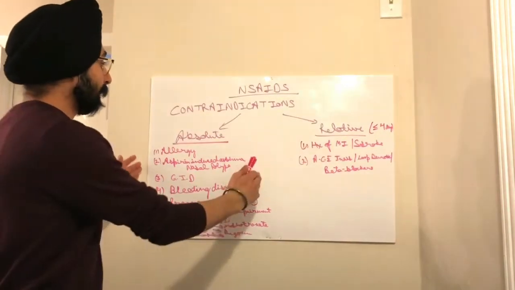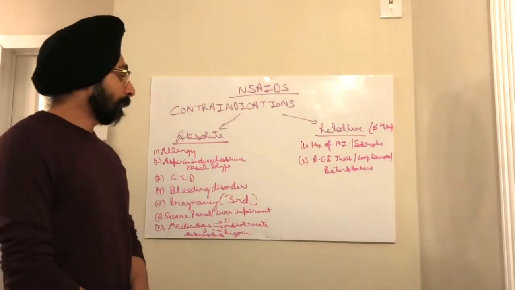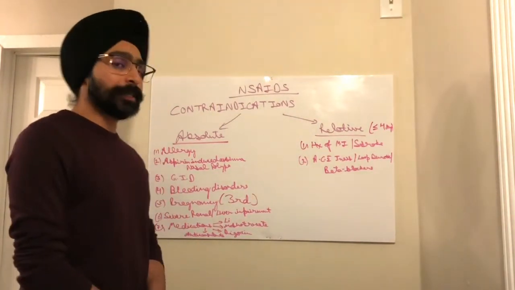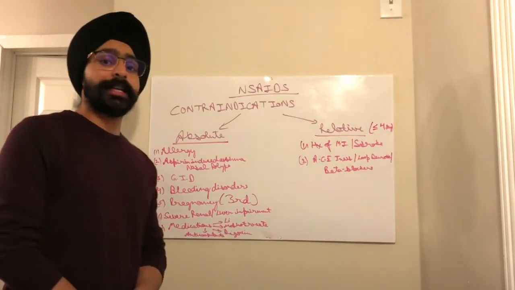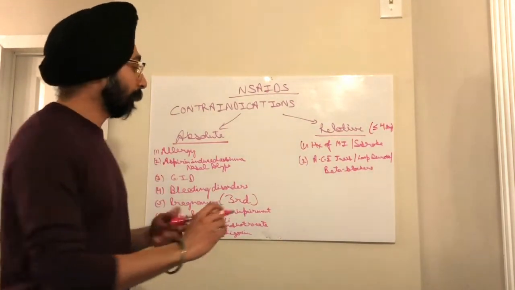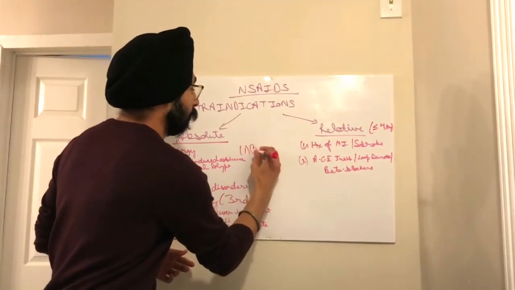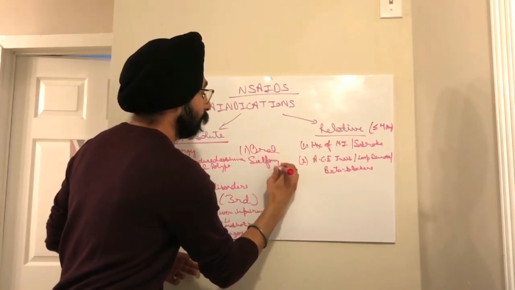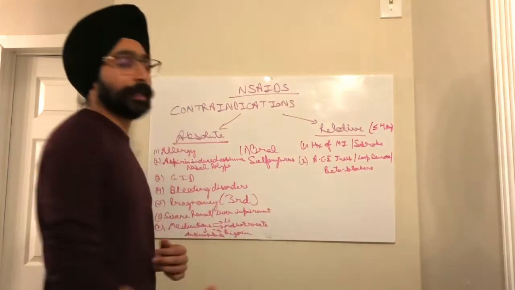In addition to these absolute contraindications, there are two other absolute contraindications that are specifically for aspirin only. First is if a patient is taking oral sulfonylureas as hypoglycemics.